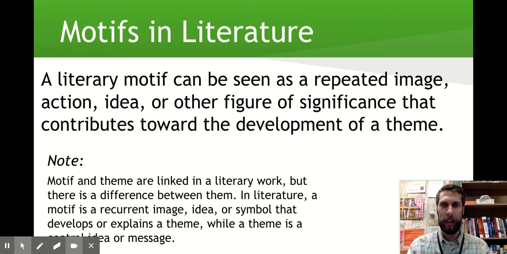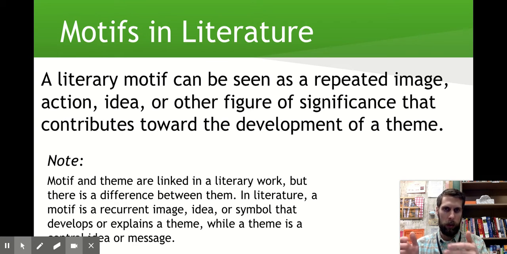Authors do it too, right? So we're contributing generally towards the development of a theme. Sometimes there's some overlap between motif and theme. If in doubt, in a paper, analyze the theme, and you could even in a phrase talk about this pattern of recurring.